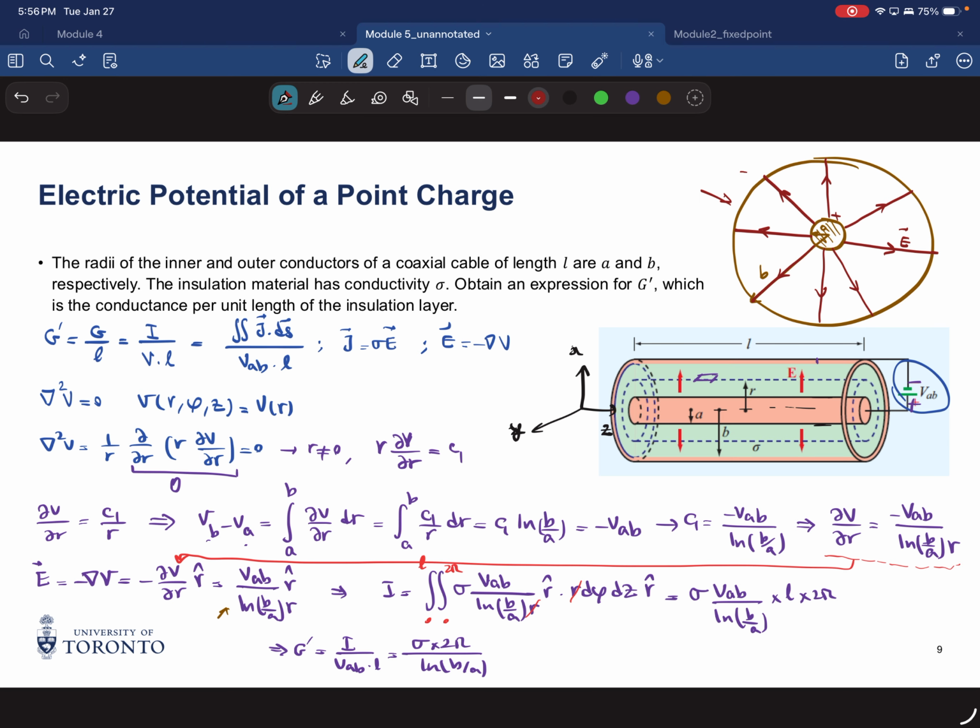So let's look at it this way. Are the field lines closer together near the smaller conductor here? They're closer together, right? Whenever the field lines are closer, it means we have more intensity of the field, okay? So if you look at it here, you can see how much closer they are.